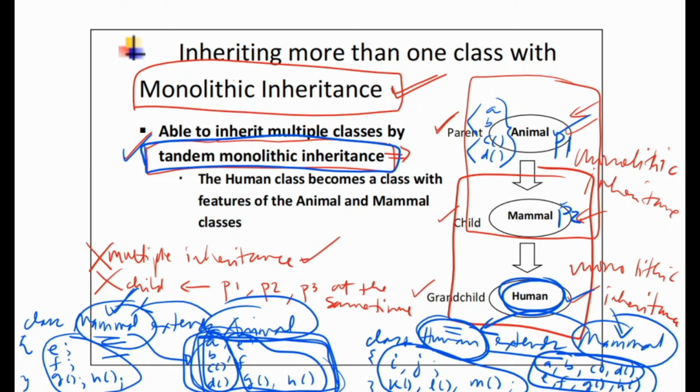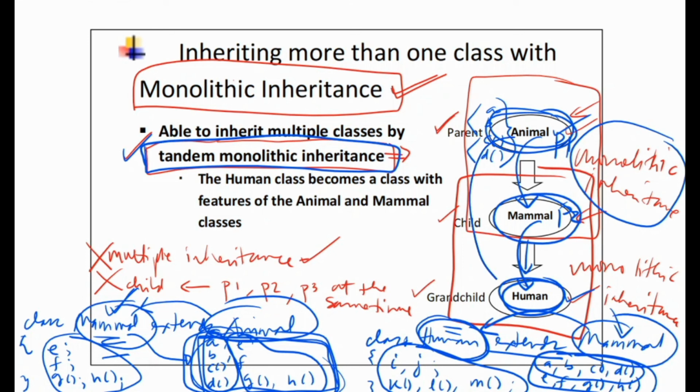So it's like human inherits from two parents, animal and mammal, but it is not inheriting directly from the two. It is inheriting indirectly from the two via monolithic inheritance. So all the features of animal were inherited by mammal, and all the features of mammal were inherited by human. So all those features of animal were inherited by human through mammal.